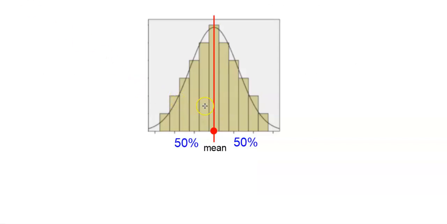Now one of the things you can conclude pretty quickly from this bell-shaped symmetric graph is that if you add this line of symmetry that divides the bell shape right down the middle, then this red dot here represents on the scale the mean of this data set. And so if this is a dividing line of a symmetric distribution, then that means half of the data, 50%, is over here, and the other half of the data, 50%, is to the left of this red line.